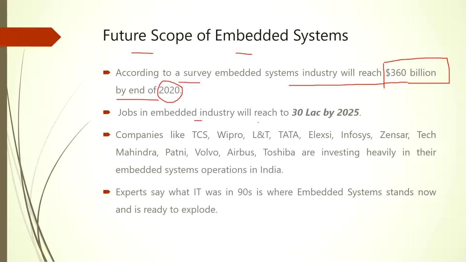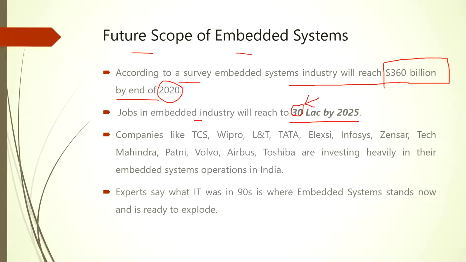Jobs in the industry will reach 30 lakh by 2025. Okay, so this amount is dedicated to India, right? So now definitely this will be almost doubled or something of that type. It is just because nowadays, if you can see, every person, even small kids, like the electronic toy, which is nothing but an embedded system.